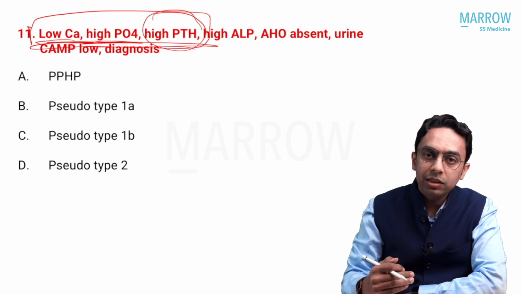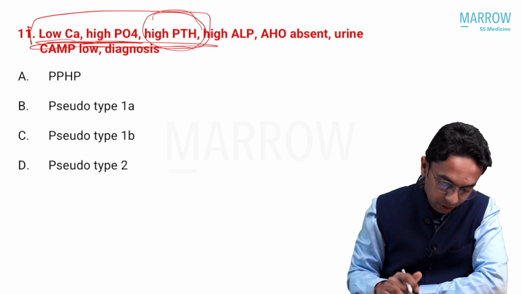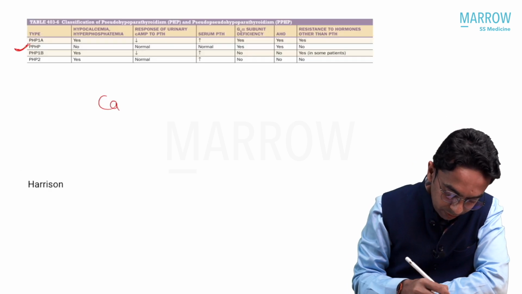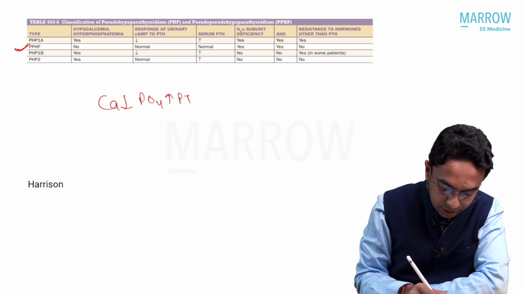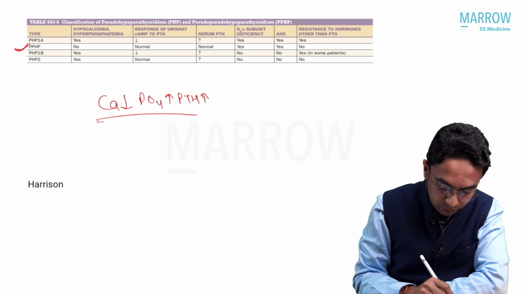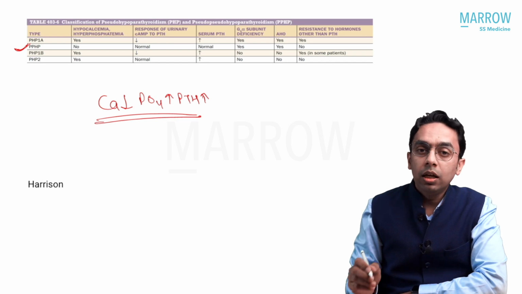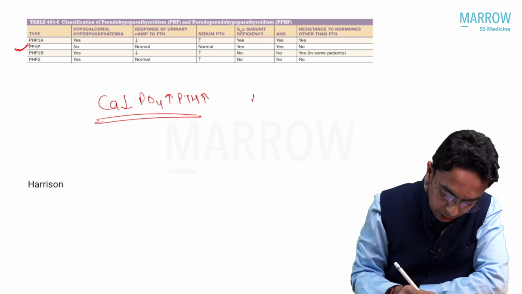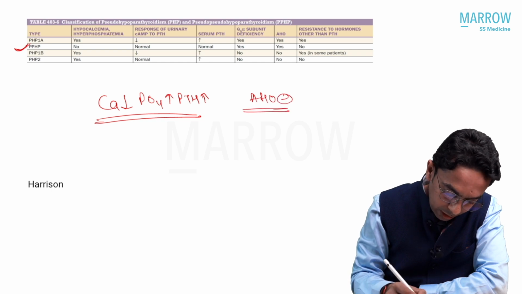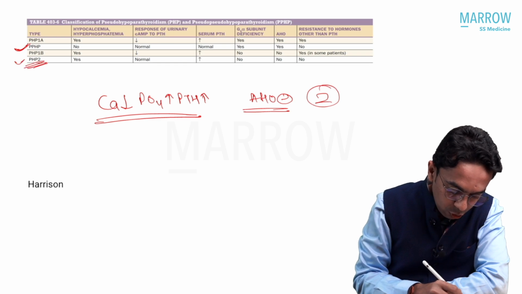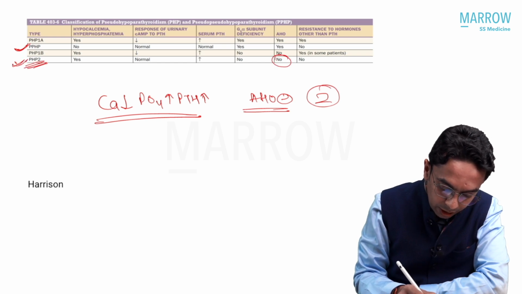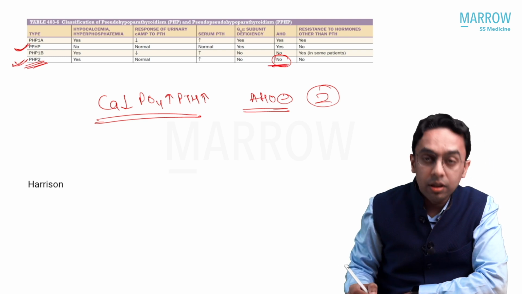Now we have to subclassify what type it is. If the calcium is low, phosphate is high and PTH is high, this is pseudohypopara. If the AHO phenotype is absent, then you mark it as type 2. See here, in pseudohypopara type 2, the AHO phenotype is not there.